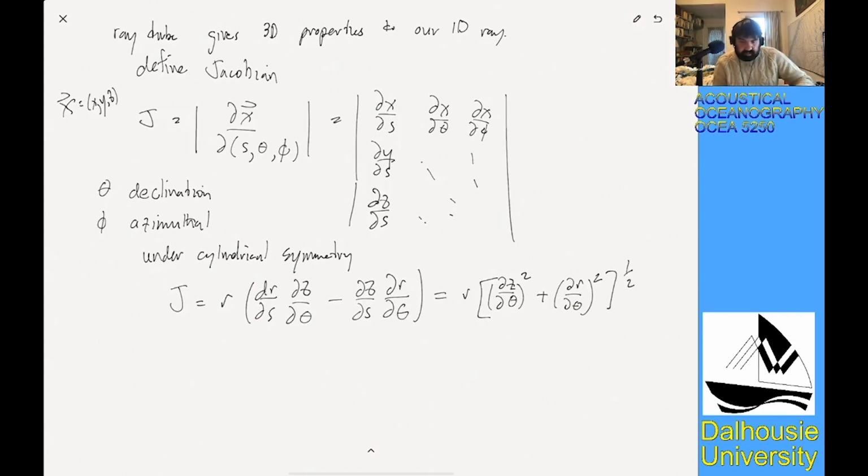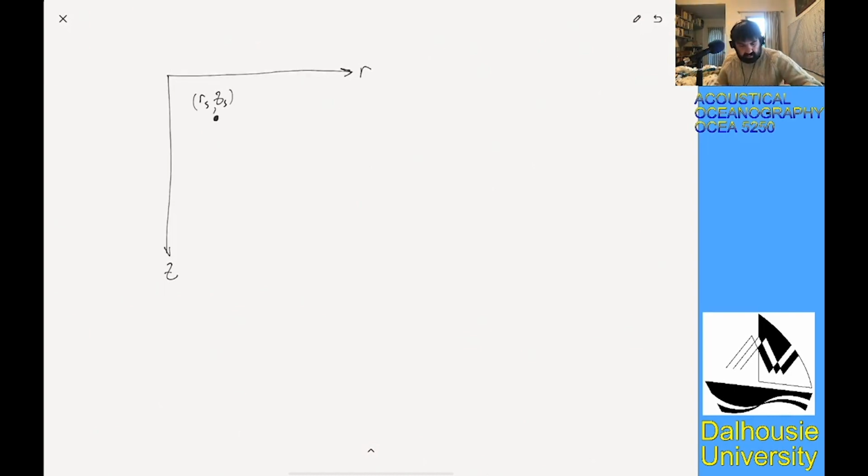In other words, I'm going to go to a new page for this. So let's look between the two spaces now. We'll have r and z. We're going to have our starting point, with coordinates r_s, z_s, that's going to be a horizontal. We'll have some propagation along a path.